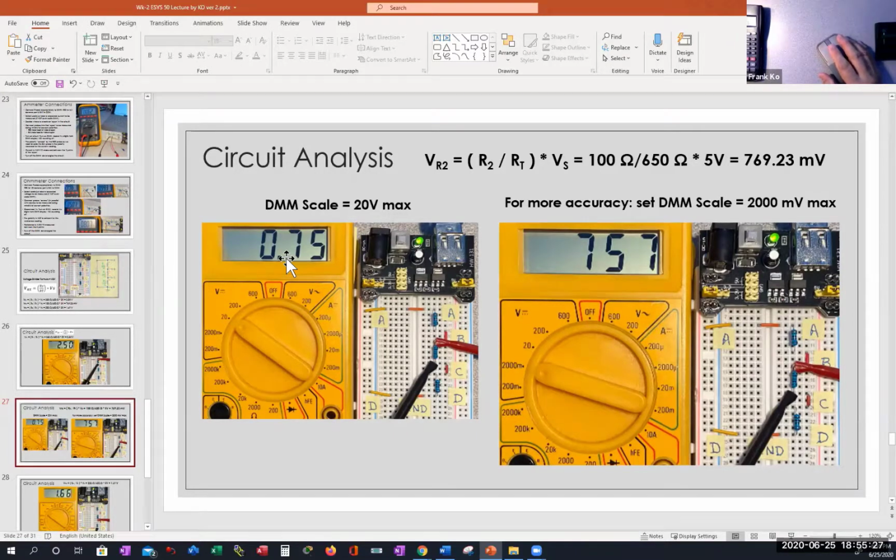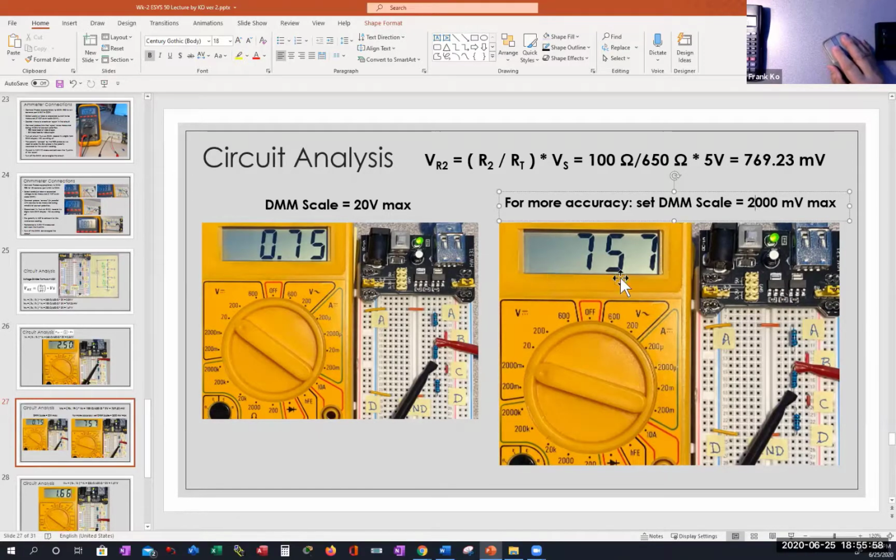It'll be 750 millivolts. But interesting, on this digital multimeter, I do have another scale. I can go to millivolts. I can switch this dial from 20 volts to 2000 millivolts, which is what I've done here. So for greater accuracy, I've changed the scale of my digital multimeter to 2000 millivolts max. Is this reading something under 2000 milli? It's reading 757 milli.